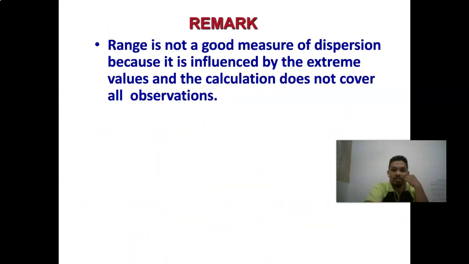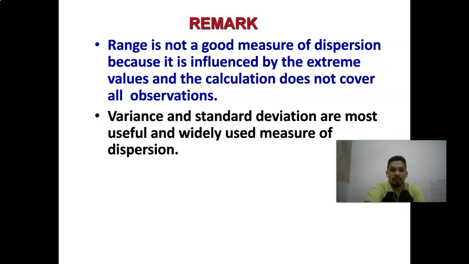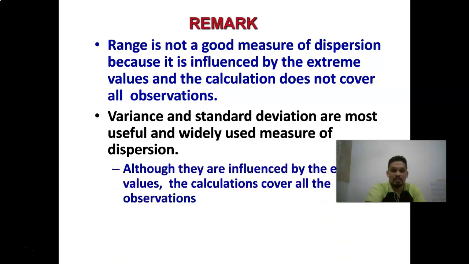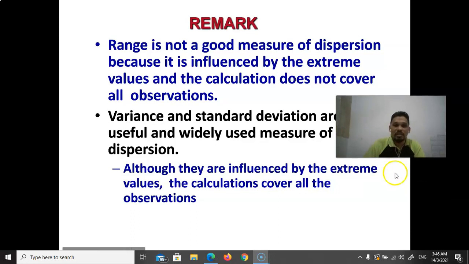Range is not a good measure of dispersion because it is influenced by the extreme values and the calculation does not cover all observations. Variance and standard deviation are the most useful and widely used measures of dispersion. Although they are influenced by extreme values, the calculation covers all the observations.